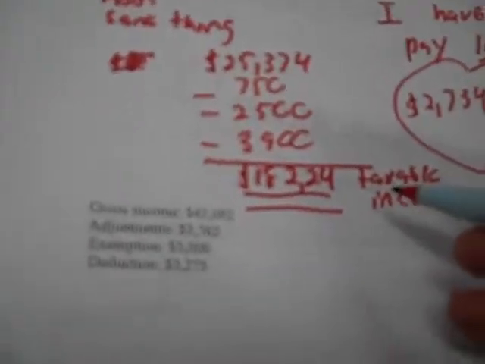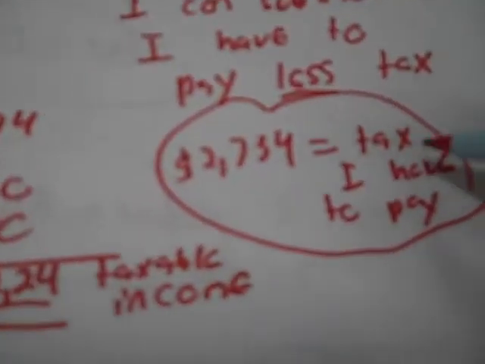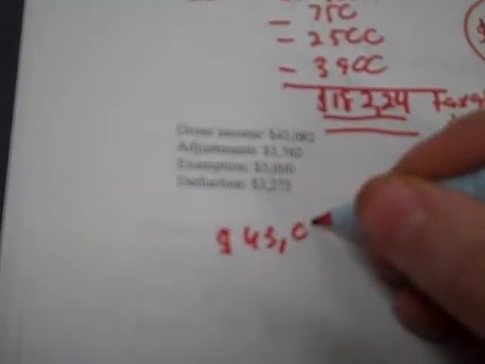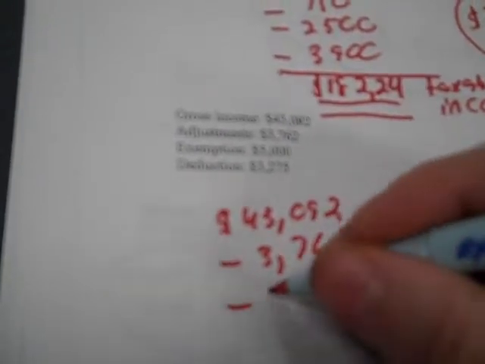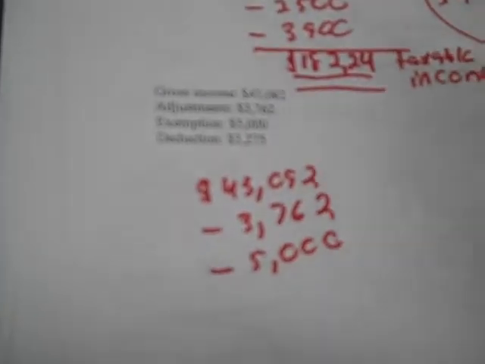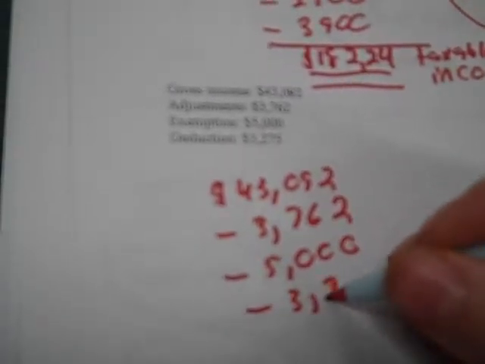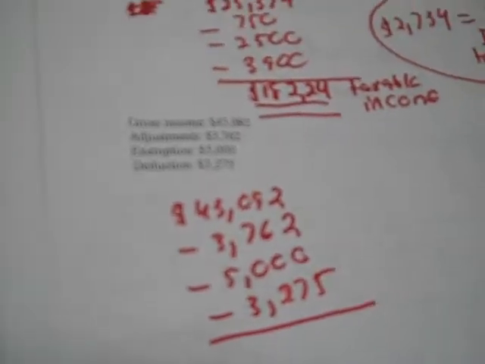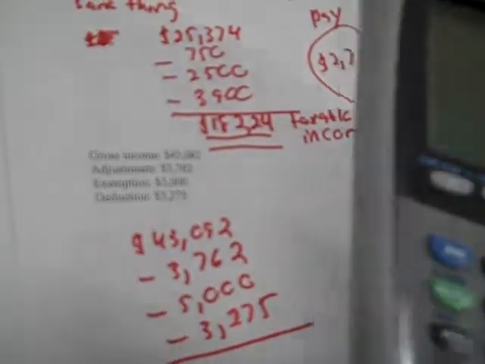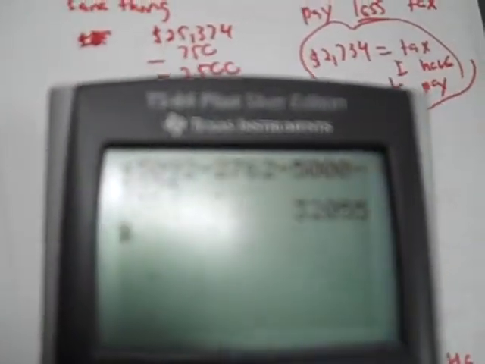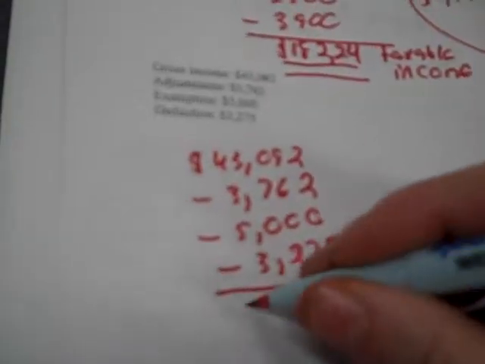Okay, now again, we want to find how much tax we owe. That's your job. Find the tax I have to pay. So we take the money we made last year, and these things I can subtract, so the number I look at on the table is not as big as 43,092. So I minus those. And 32,055 is the taxable income.